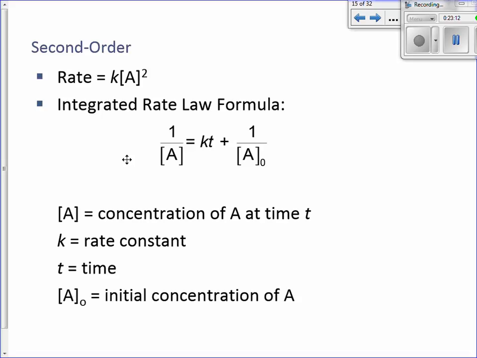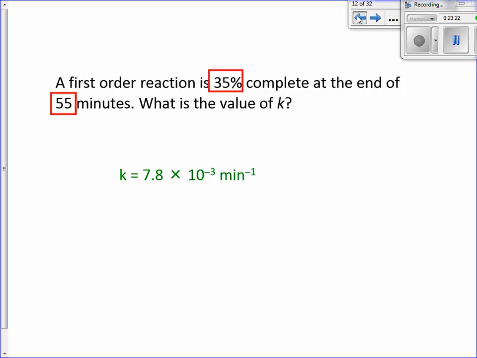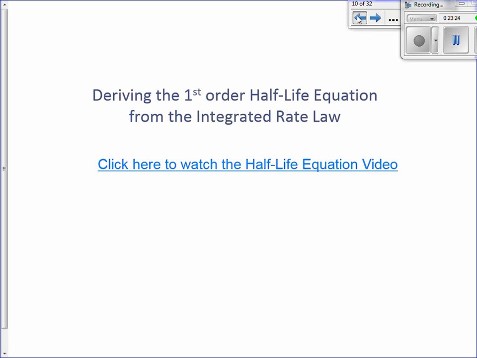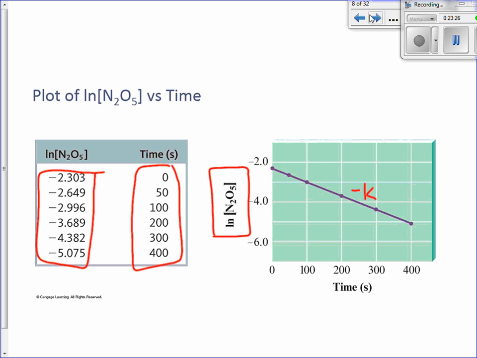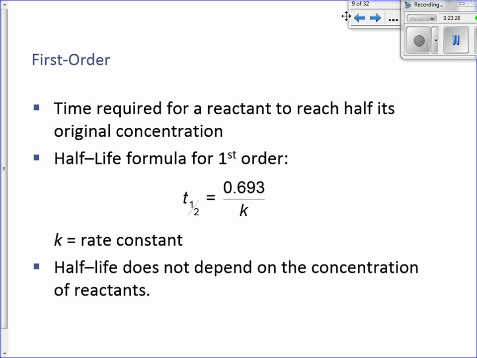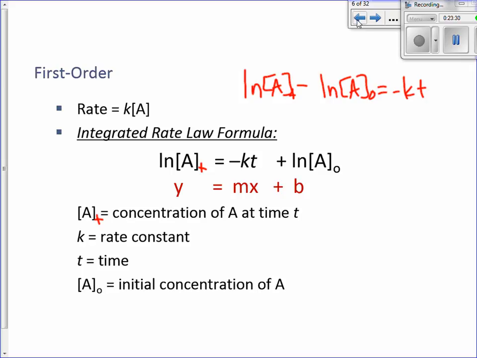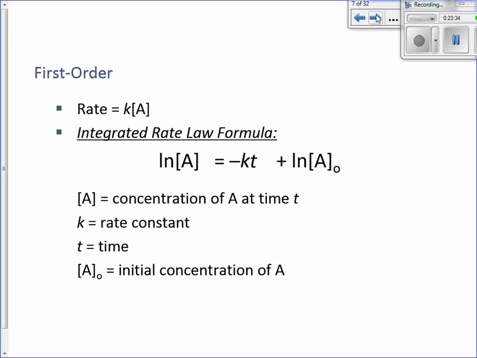Now for second order. New equation, new formula. Oh, sorry, I do want to back up just for a second. I forgot to write this down for you. Just like before, on the other one, we said no change, same change, square of the change.